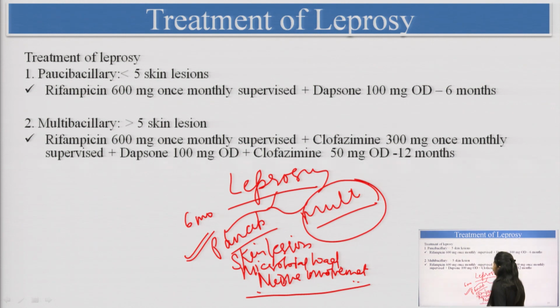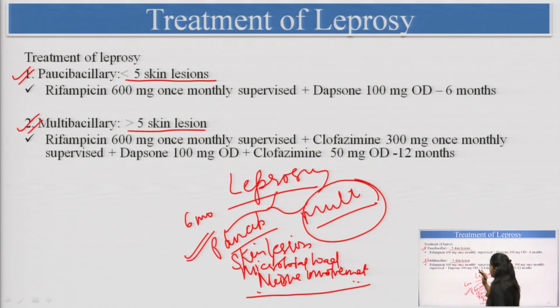So, see the difference here, paucibacillary and multibacillary. For paucibacillary, the skin lesions are less than 5. For multibacillary, skin lesions are more than 5, which I told you already.